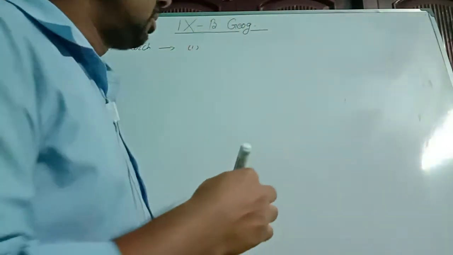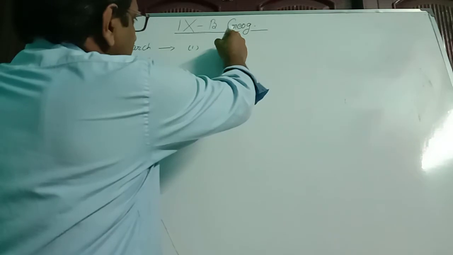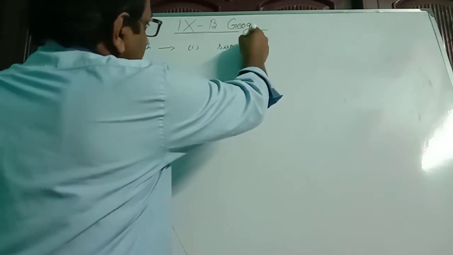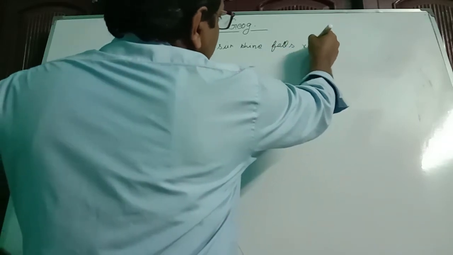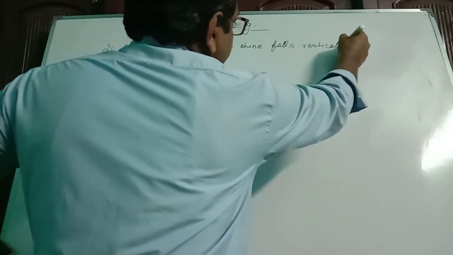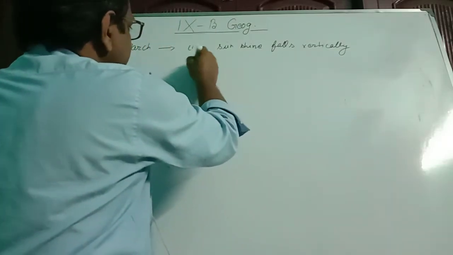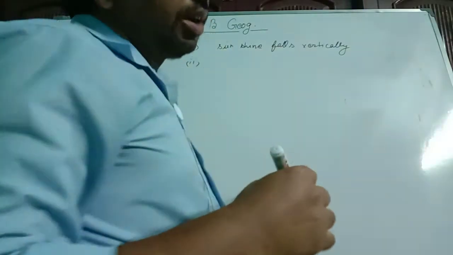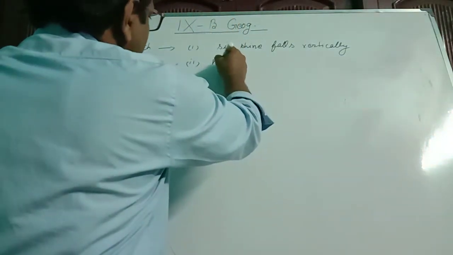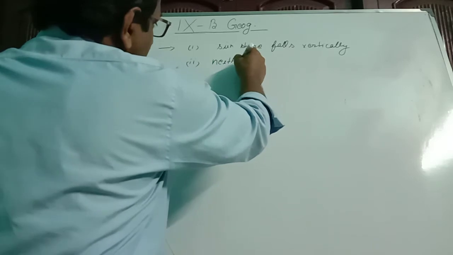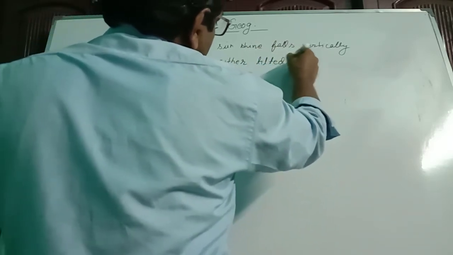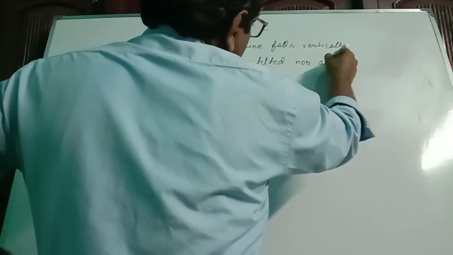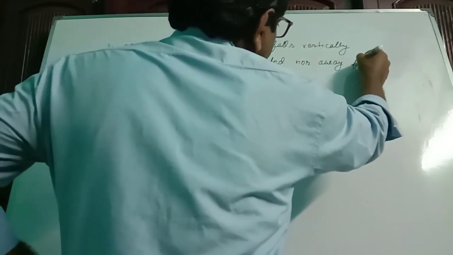The sunshine falls vertically. It is neither tilted nor away from the sun.